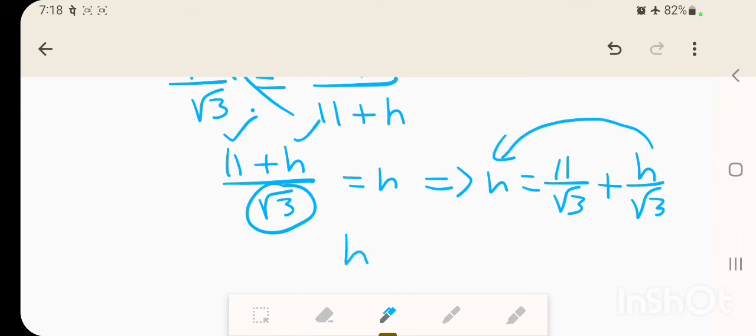So H is already there on the left hand side, minus H by root 3 is equal to 11 by root 3.